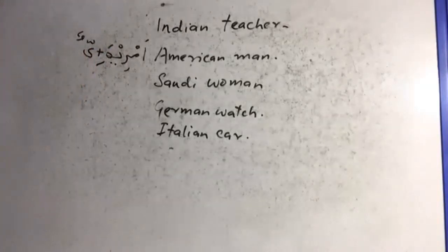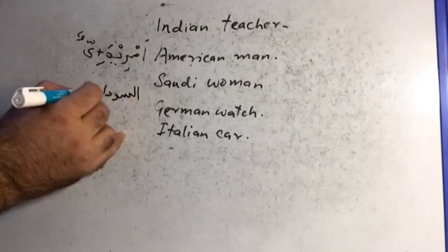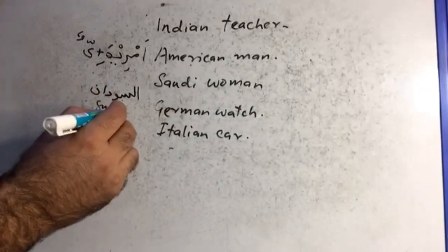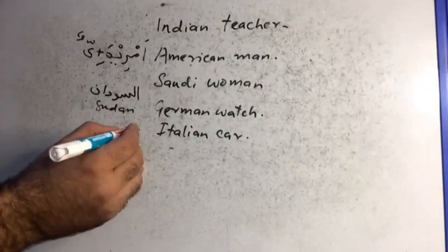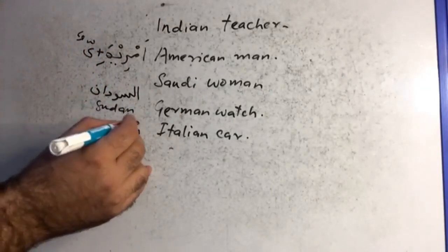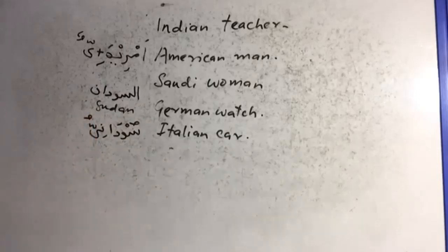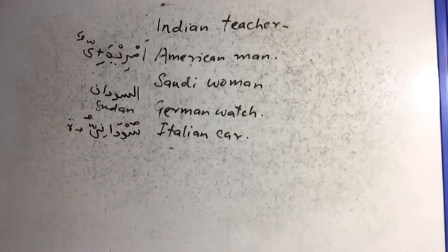Well, there's no pattern why it goes kasra, it's just that it's easy to pronounce. Amerikiyun. Now, let's say we have Sudan, this country, Sudanu. So that is Sudanese: Sudaniyu. And with the feminine, ta marbuta. It's easy, right?